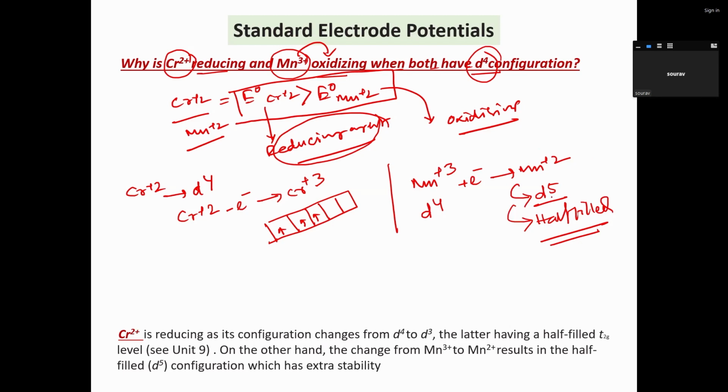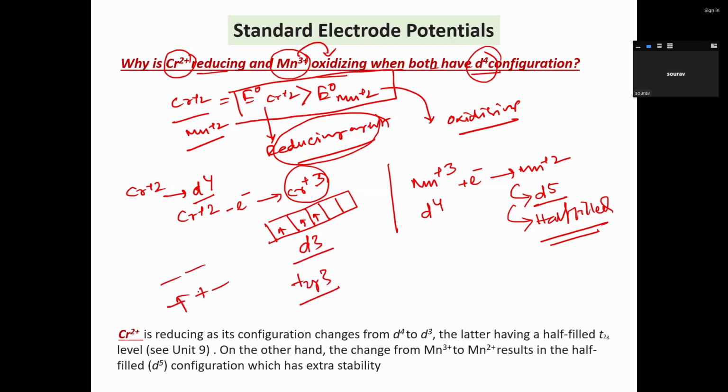It is stable. But for that chromium plus 2 case, it has the electronic configuration d4, but it actually acts as a reducing agent, because when it is reducing the other body, it will remove one electron from the d orbital. It will form chromium plus 3, and then the electronic configuration will be d3, that means t2g3.